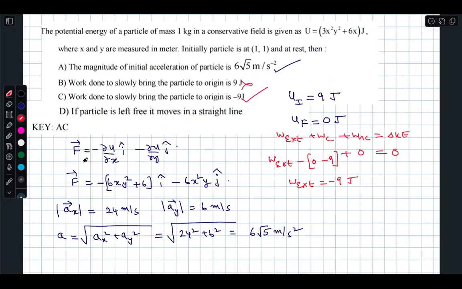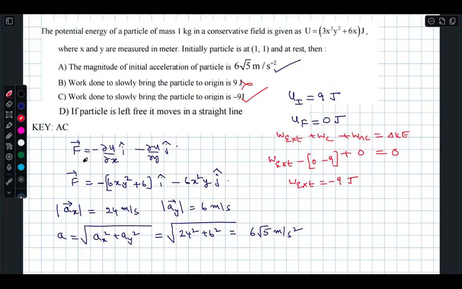Wrong. If the particle is left free, it moves in a straight line? No. It won't move in a straight line because acceleration Ax is a complex function of x, y. Even Ay is a complex function of x, y. So now please tell me how it will go.